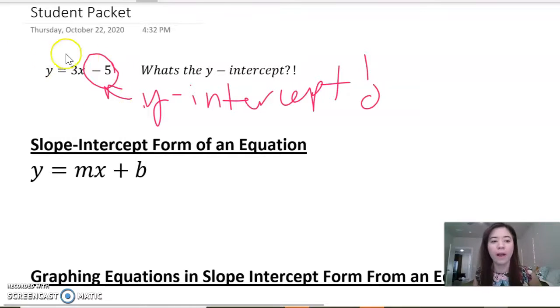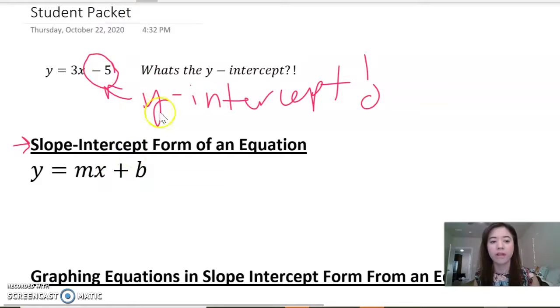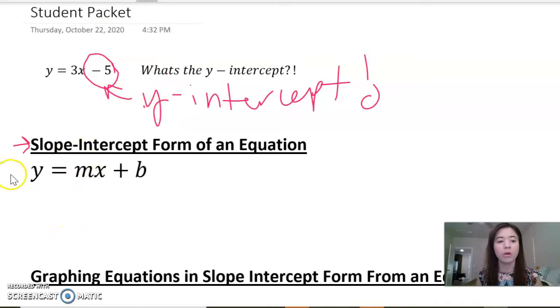So what we were actually looking at here is an equation that we call slope-intercept form. And this is a great form that we use when we're graphing lines. So you've already told me that right here, this minus 5 is the y-intercept. So between M and B, which of these letters represents the y-intercept?